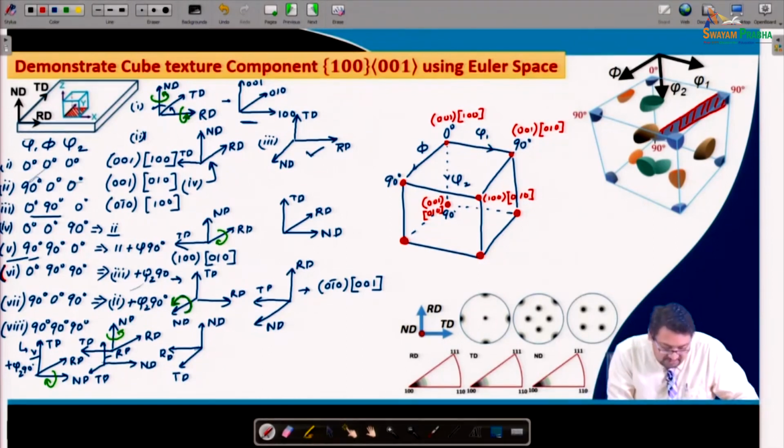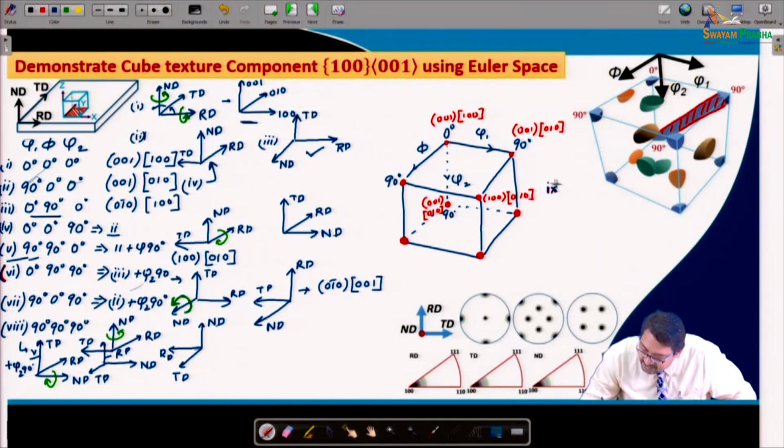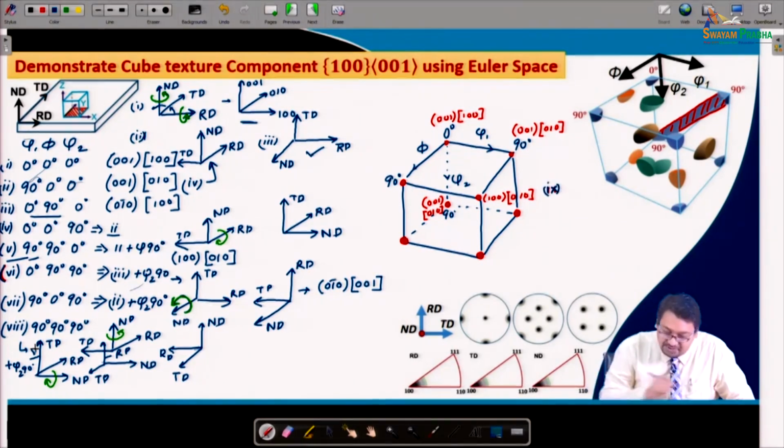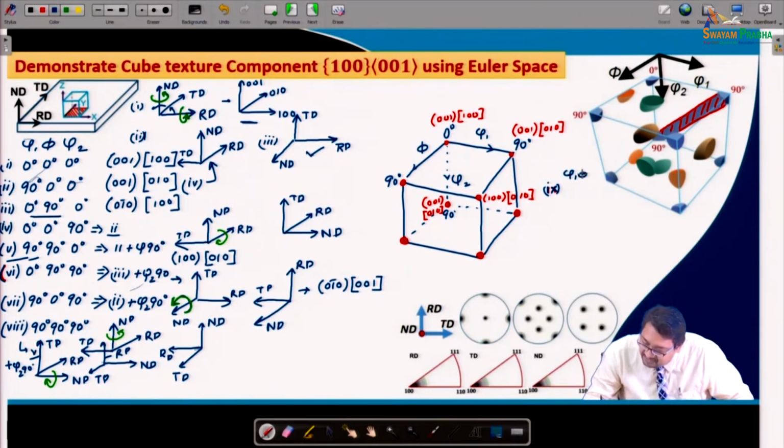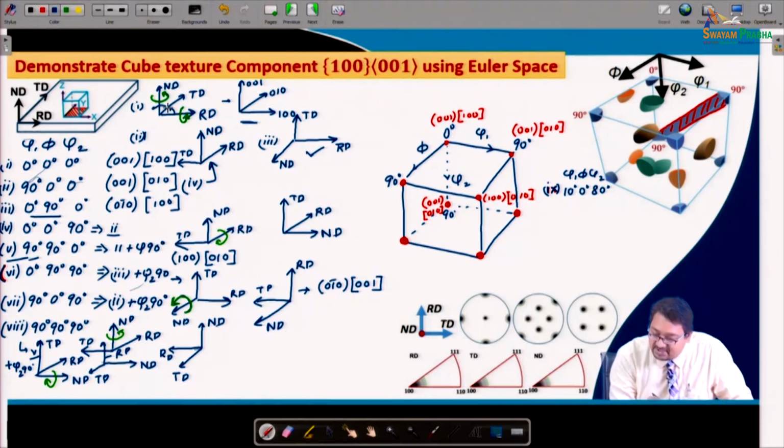Now, you see that if we take the 9th situation, where we rotate by phi 1 phi 2 by 10 degree, 0 degree, and then I have to rotate phi 2 by 80 degrees. So, that phi 1 plus phi 2 becomes 90, and it is basically a rotation along N d by 90 degrees divided among phi 1 and phi 2, right.